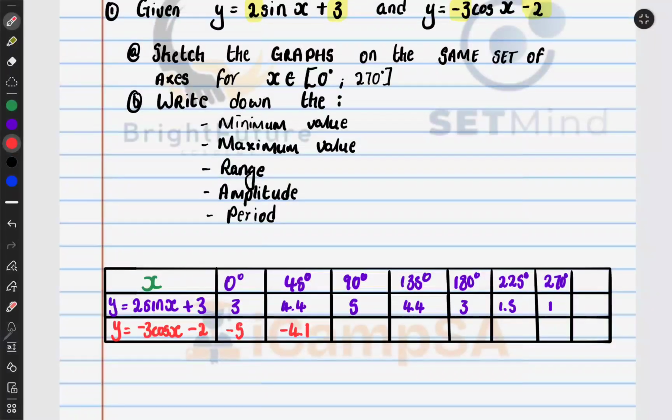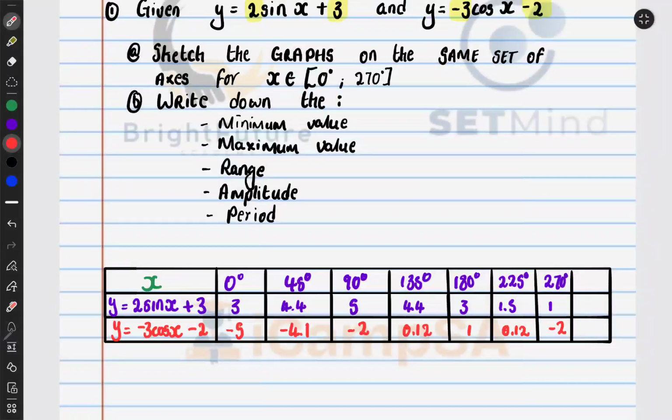And then at 90, the corresponding value is negative 2. At 135 we have 0.12. At 180 we have 1. At 225 we have 0.12. At 270 we have negative 2.